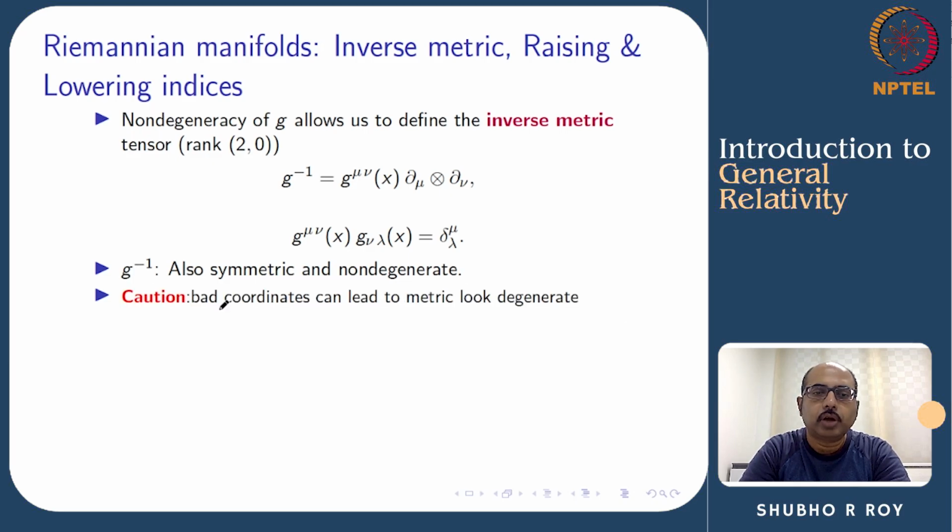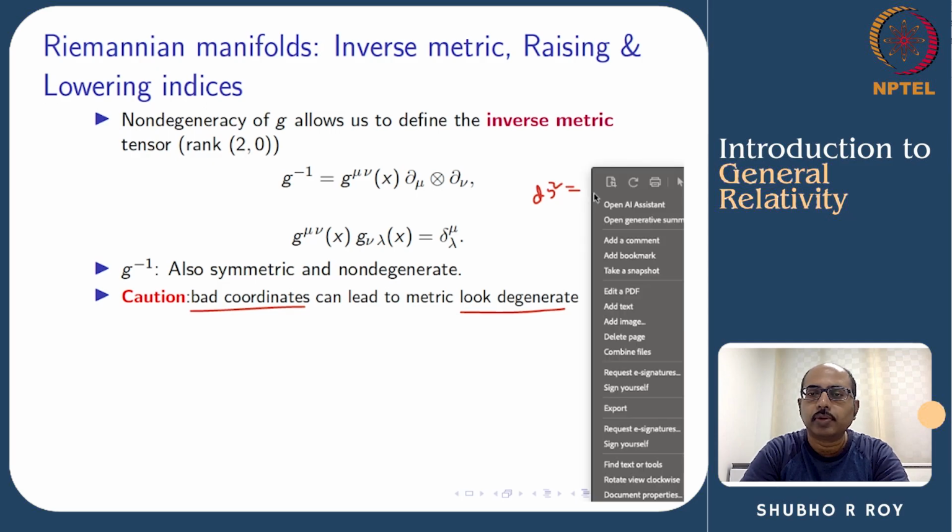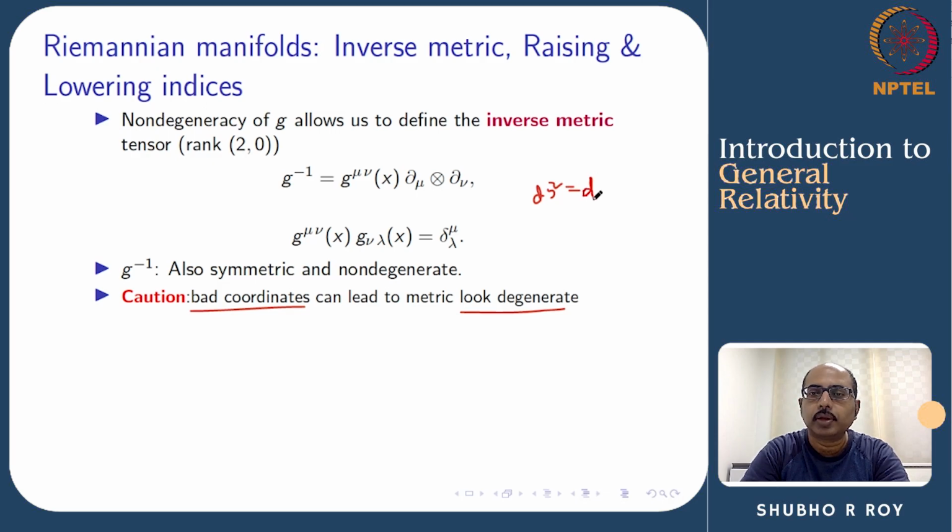The one thing I will caution is that I've claimed that the metric is non-degenerate. However, if you choose bad coordinates, then the metric can look degenerate. One example would be the plane polar coordinates. In Cartesian coordinates, the metric of the Euclidean plane is dx squared plus dy squared.